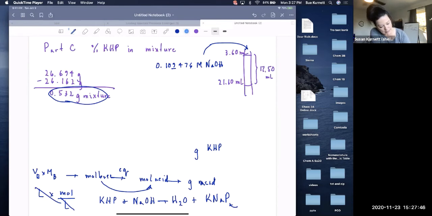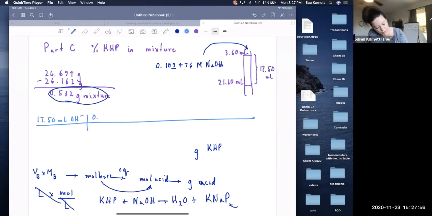I used 17.50 milliliters of base that was in the burette. The molarity of that base was 0.109, but I'm going to keep extra digits because I don't want rounding error, because I want to do this once. I don't want to get it back from Stu. And then the capital M here means moles per liter. Moles of what? Sodium hydroxide in this case.